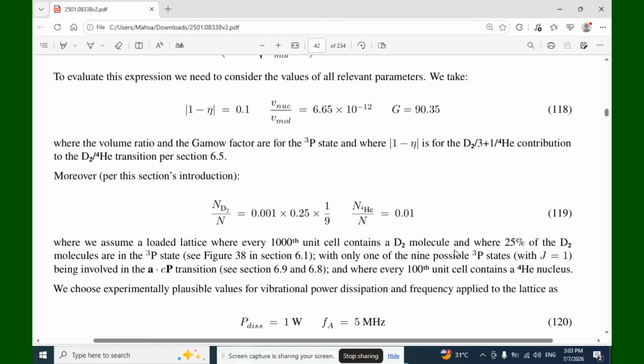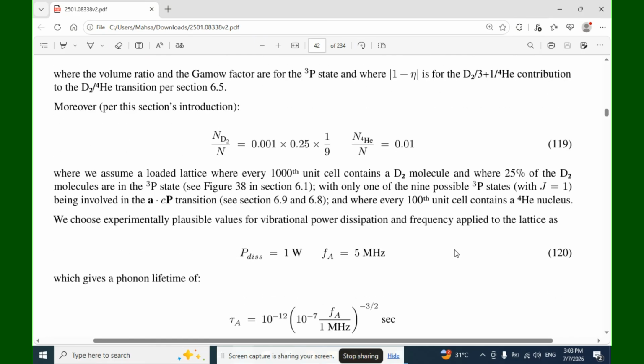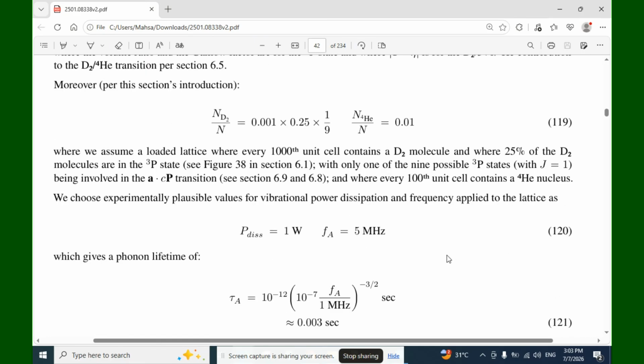Moreover, per the section's introduction, n deuterium divided by n is equal to 0.001 multiplied by 0.25 multiplied by 1 divided by 9, and n helium-4 divided by n is equal to 0.01, where we assume a loaded lattice where every 1000 unit cells contain a deuterium molecule, and where 25% of the deuterium molecules are in the Petri state.